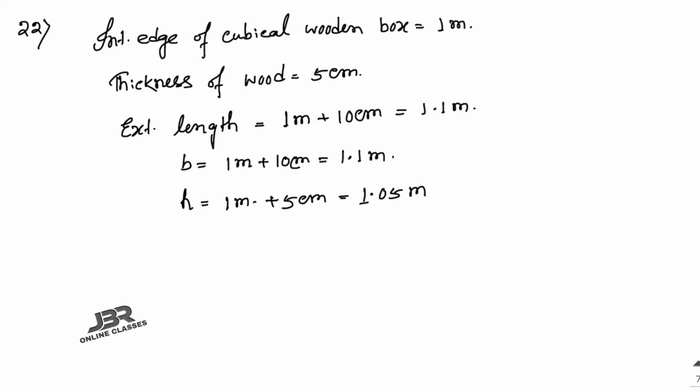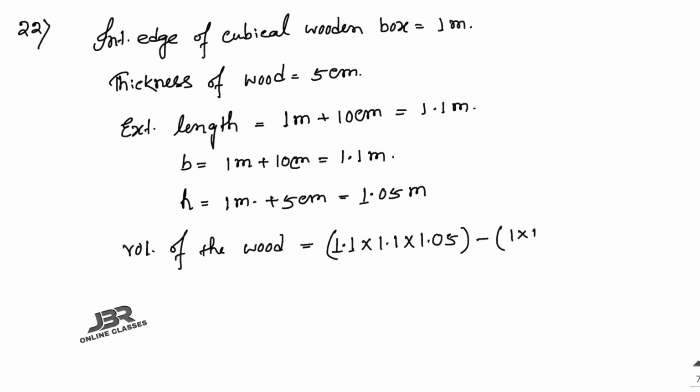So now the volume of the wood. The external 1.1 into 1.1 into 1.05, then minus the internal 1 into 1 into 1. So 1.2705 minus 1, and that equals 0.2705 meter cube.